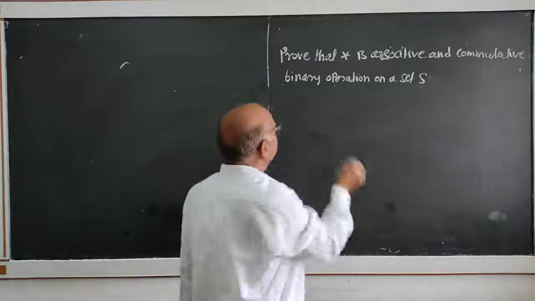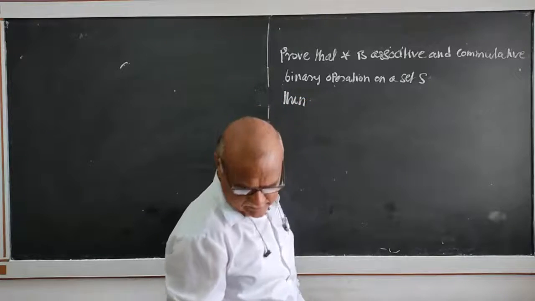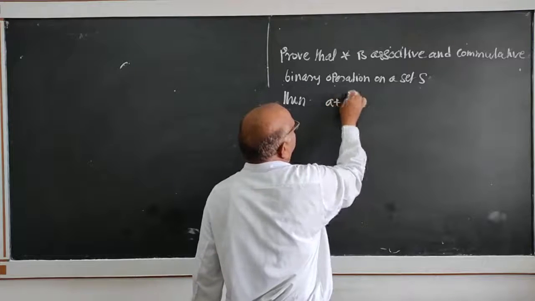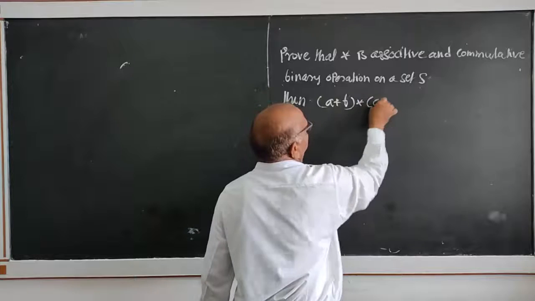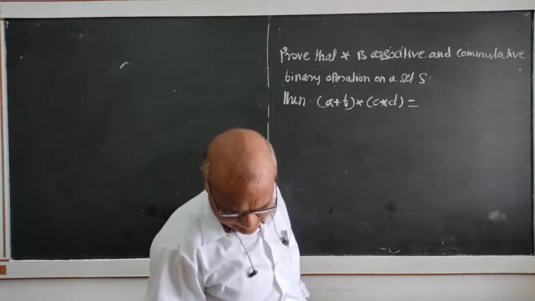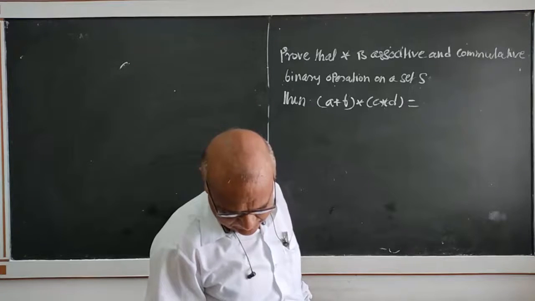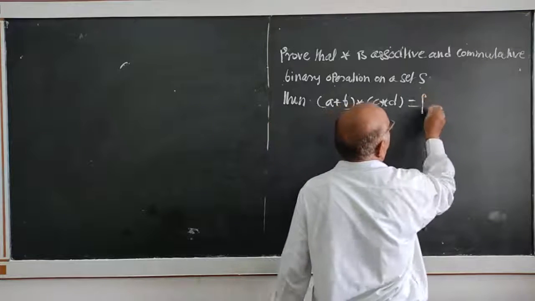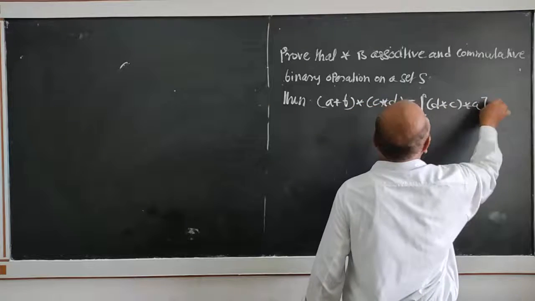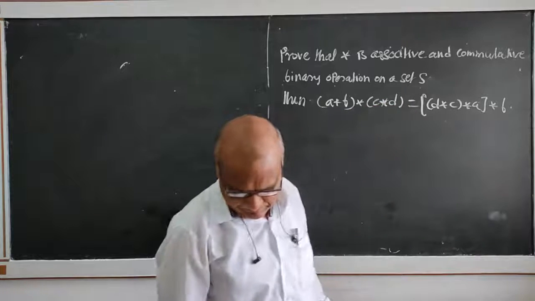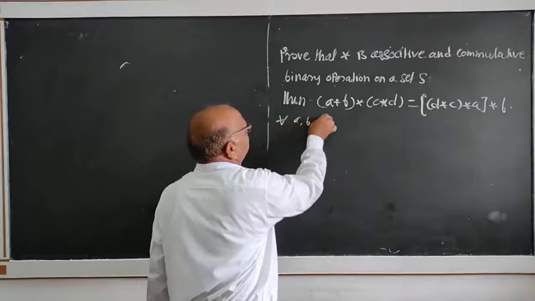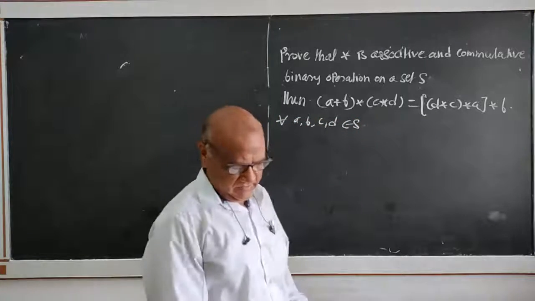Then (A star B) star (C star D) is equal to A star B star C star D is equal to D star C star A star B for all A, B, C, D belongs to the set.